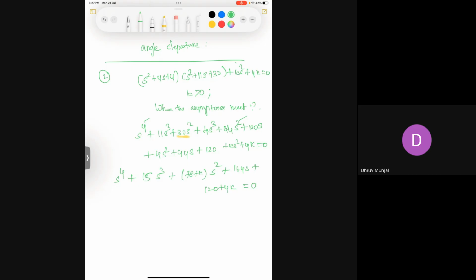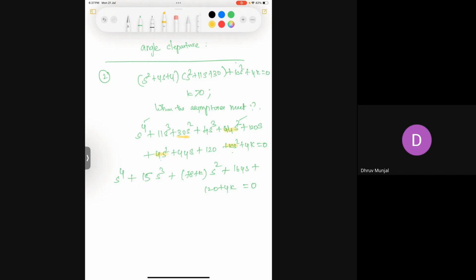Okay. S square is 30 for 74. 78, 78 plus k. Alright. Everything is considered.